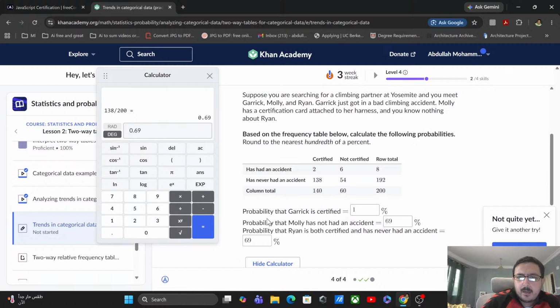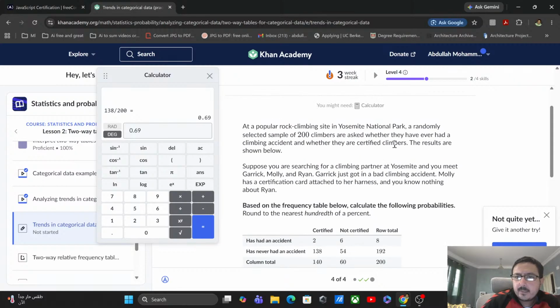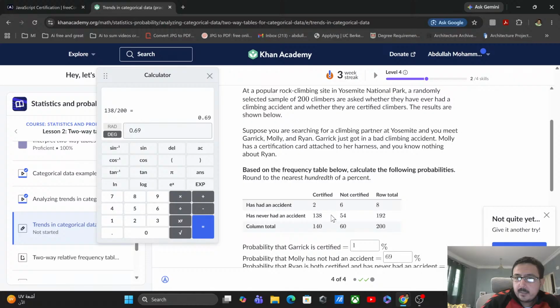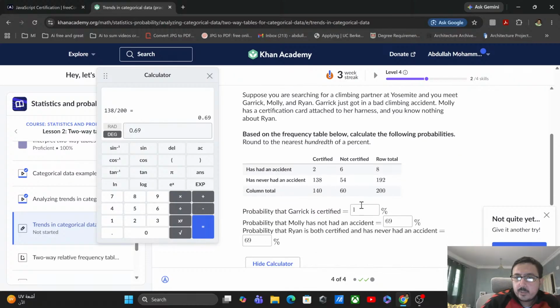Probability that Garrick is certified: 2 out of 200. Garrick just had a bad climbing accident, so he has an accident, and he is certified, 2 out of 200, which is 1%.